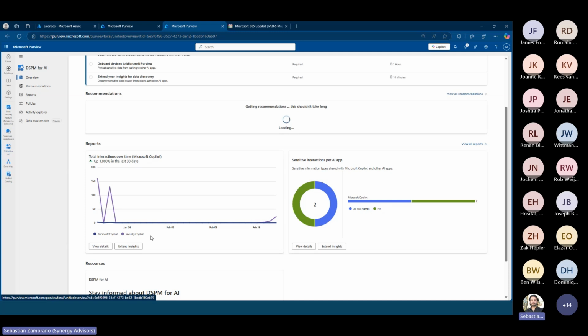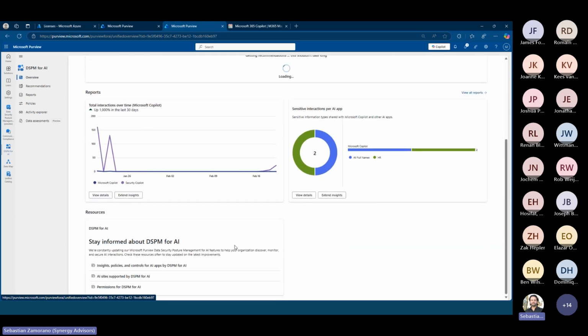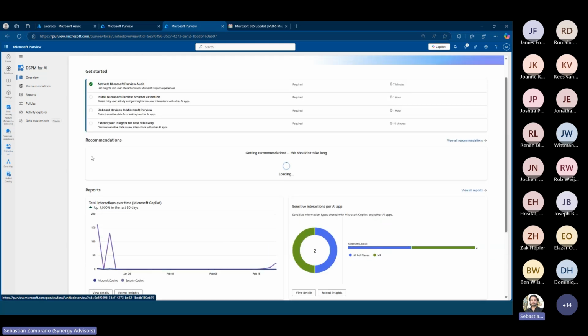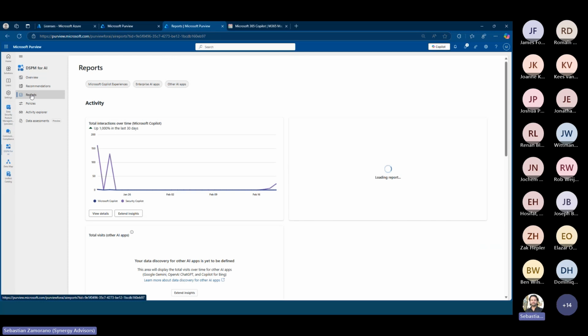Nevertheless, if you have endpoint DLP in place, here you will see Claude, Gemini, ChatGPT, DeepSeek, and several other AIs that I normally use to make different actions related to the data and 365.